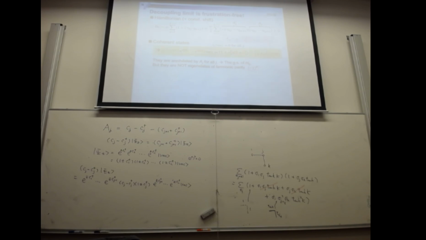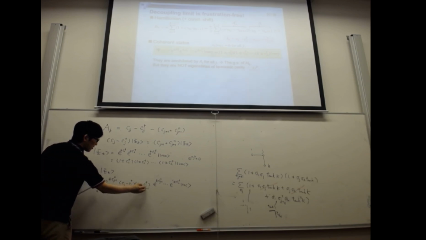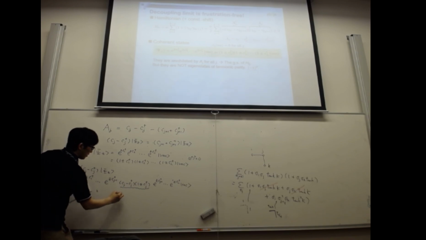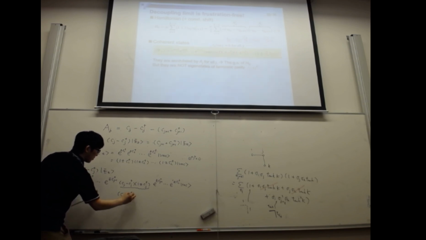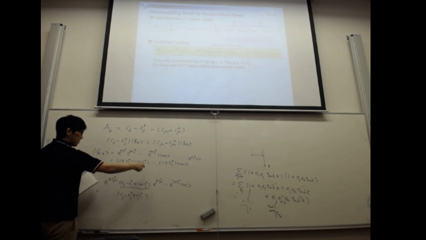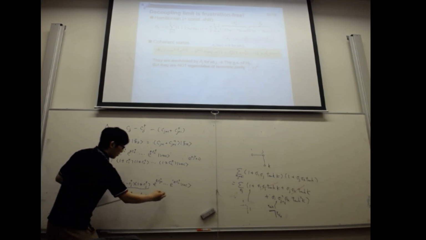Now let's compute this part. You get c_j minus c_j dagger, times plus-minus c_j dagger. Because c_j dagger squared is 0, you just get this one, right?